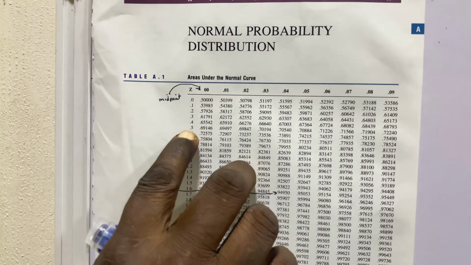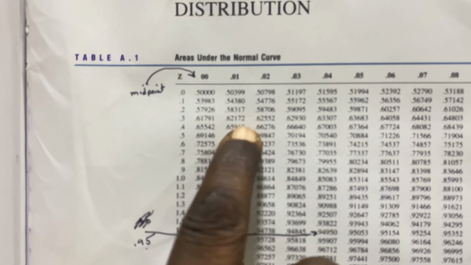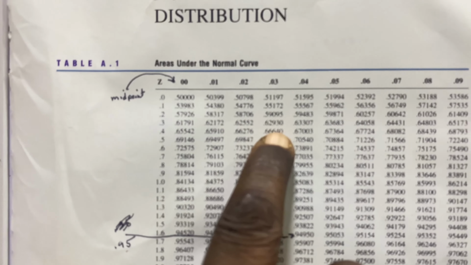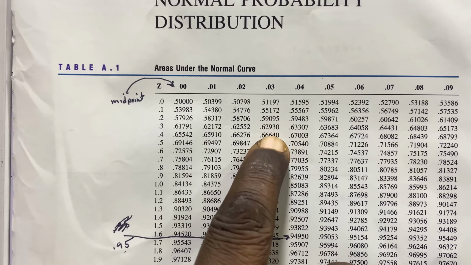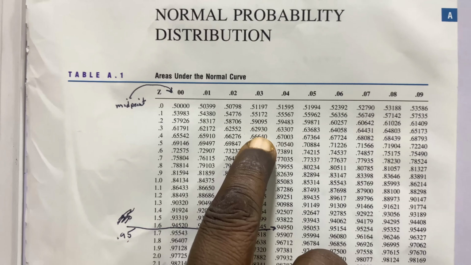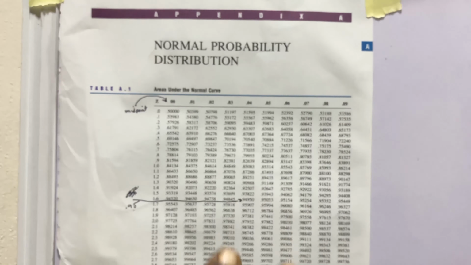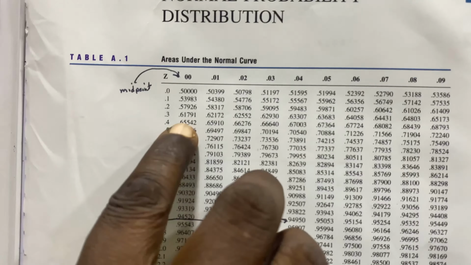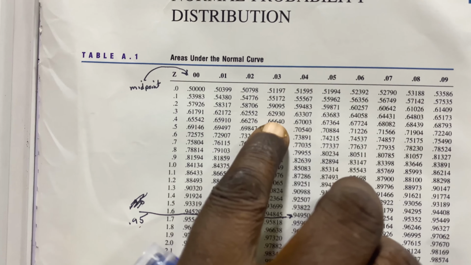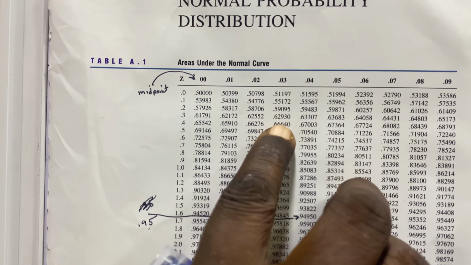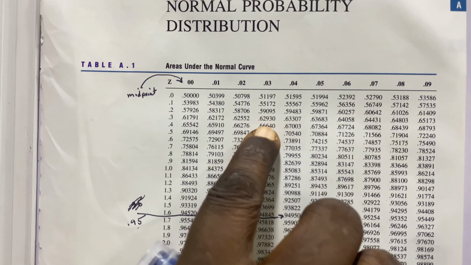Now let's trace to 0.33. So what we have here is 0.6664. Now what we do with this is, this is the whole table. Mind you, for us to have 0.6664, 0.5 has been added to it.